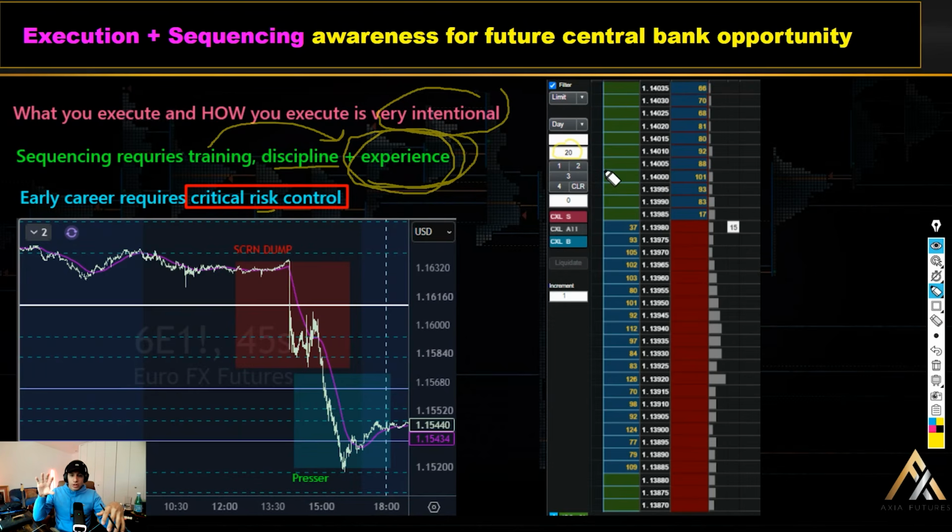So we have our news readers at Axia that are highlighted with specific colors.